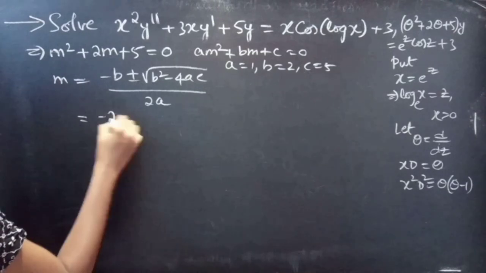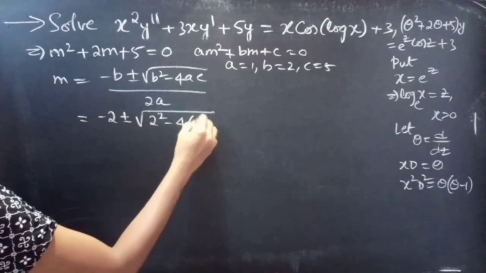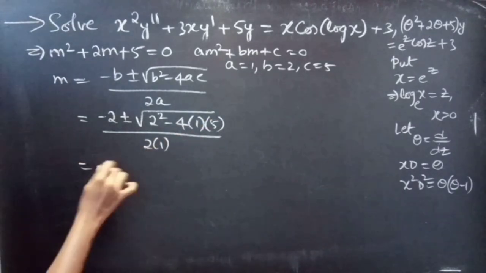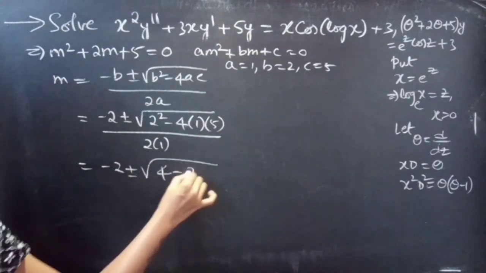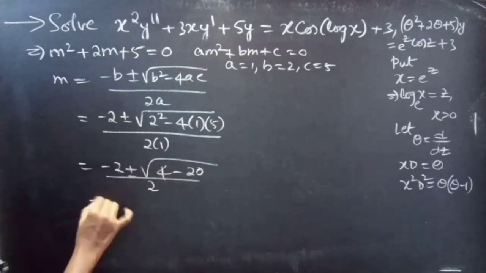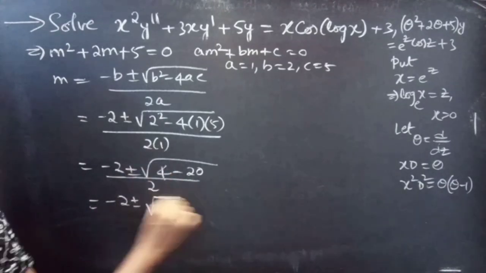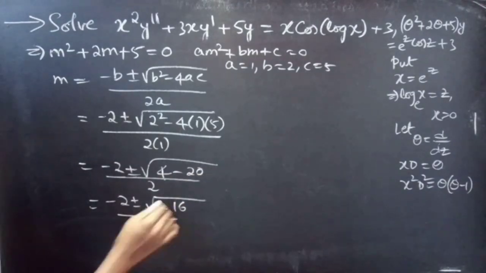We'll get minus 2 plus or minus square root of 2 square minus 4 into 1 into 5, by 2 into 1. This equals minus 2 plus or minus square root of 4 minus 20, by 2. This equals minus 2 plus or minus square root of minus 16 by 2.